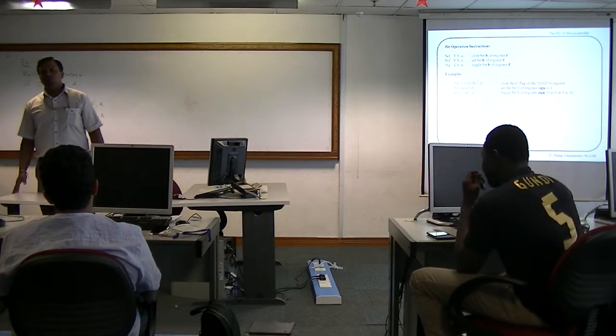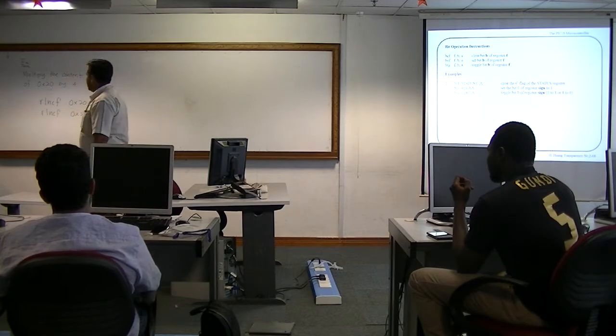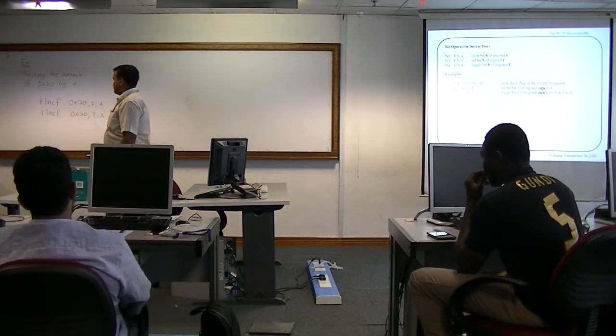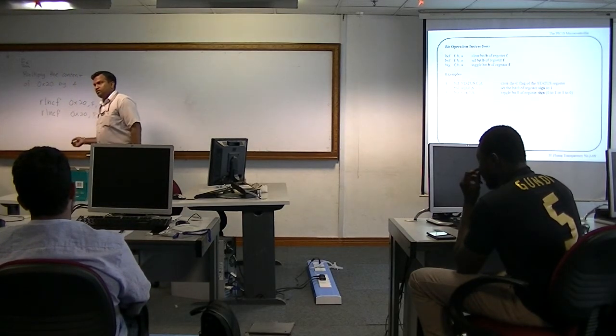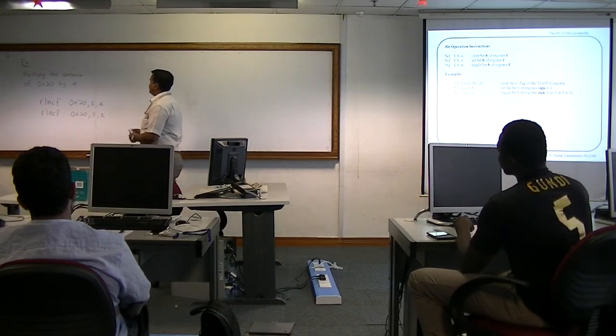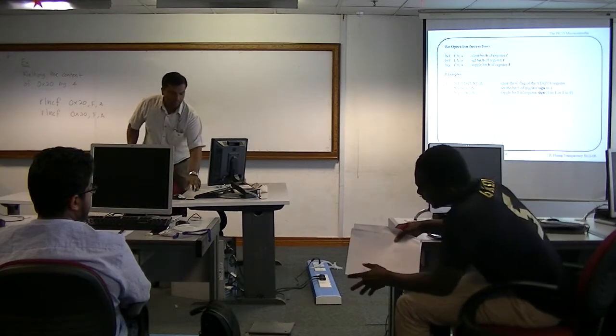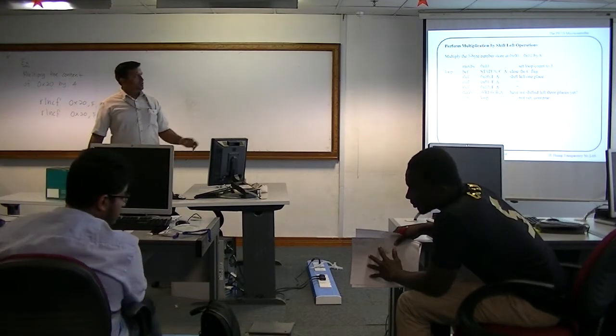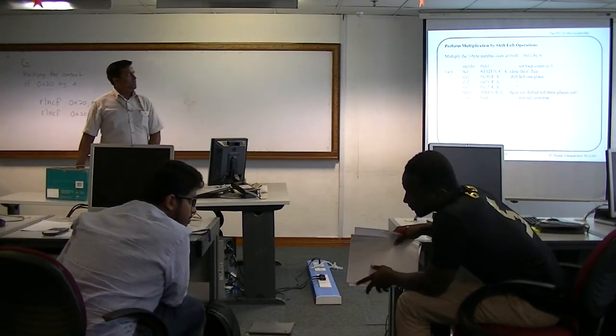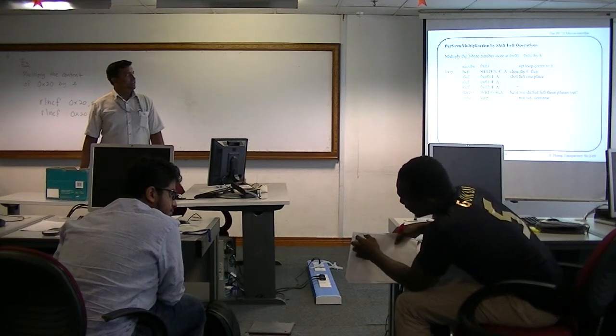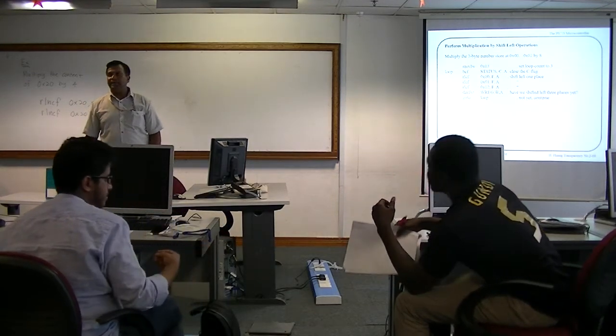What if you want to do more than 1 byte? Can I erase this? Yes. Like I think this one: perform multiply the 3-byte number stored at hex 000102 by 8.